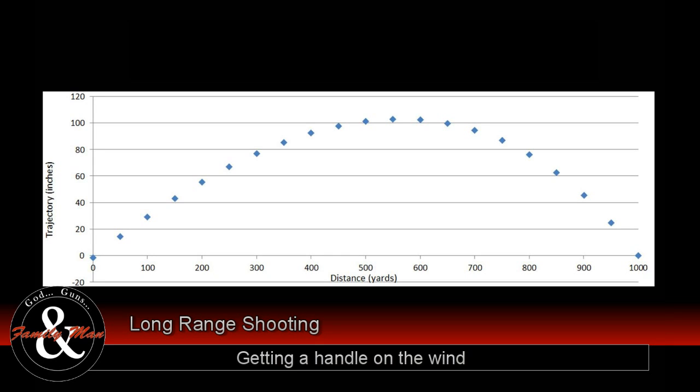So having seen this, I then began to wonder if there's also a difference in wind speed as our bullet climbs through the atmosphere, through the air, and then eventually falls to our target, let's say 1,000 yards or 1,000 meters away. In this figure here, we're looking at the trajectory of a .243 Winchester 90 grain bullet flying across a range of 1,000 yards.